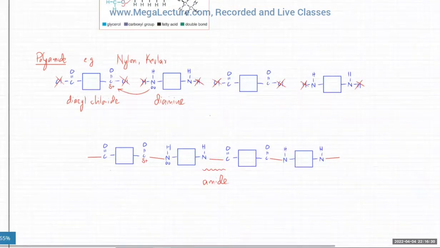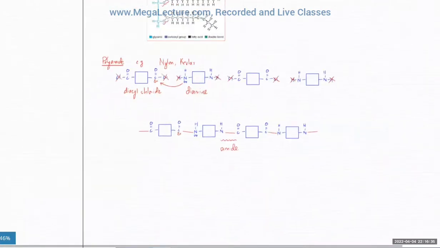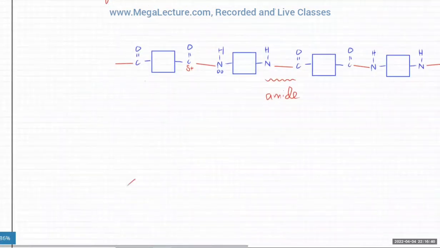Now, about these two polymers, polyesters and polyamides, remember, both of them tend to be strong, and they tend to be biodegradable as well.